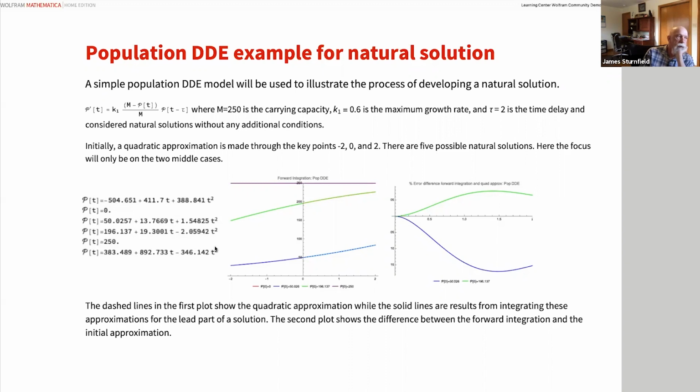There's a question here about natural solutions. When do natural solutions most or least closely match numeric solutions to DDEs? Natural solutions are numeric solutions to DDEs. The problem with DDEs in general is that there's an arbitrary history that, if you do the most common thing, which is just to put in a flat history, it may be problematic for the behavior and not match your data at all.